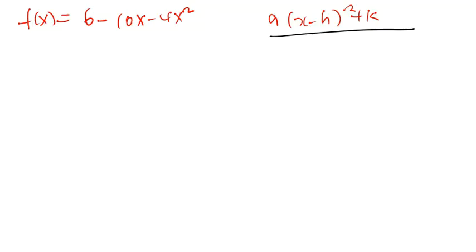So then what I'm going to do is first rewrite this. X squared has to start, so it will be negative 4x squared minus 10x plus 6. Now the next thing is I need to factor out negative 4.